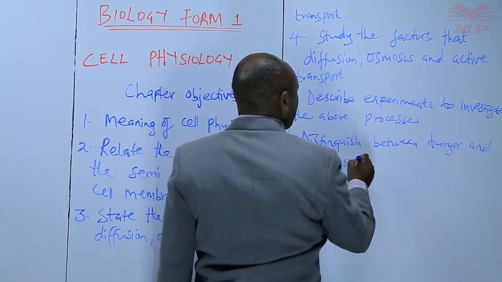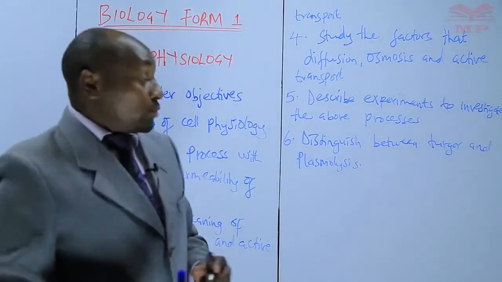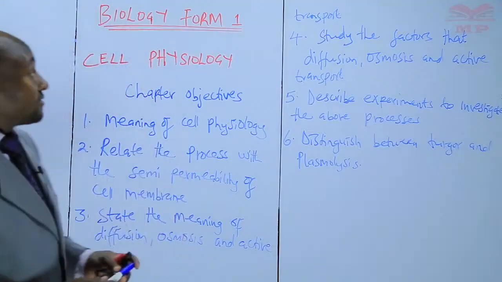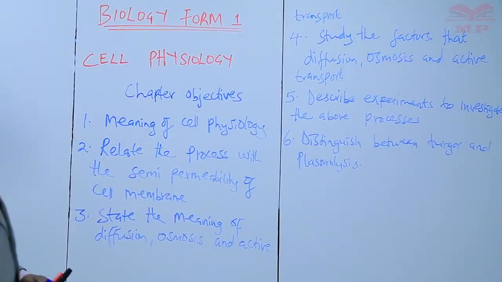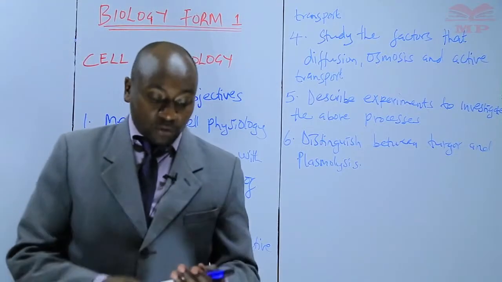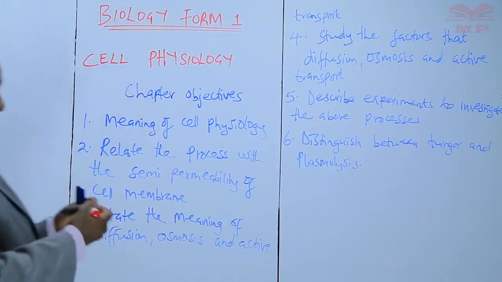Those are two terms that we'll also be learning in the course of the topic, and we should be able to distinguish them. So those are the objectives that we shall be fulfilling in the study of the topic cell physiology. So from there, we'll embark on an introduction.